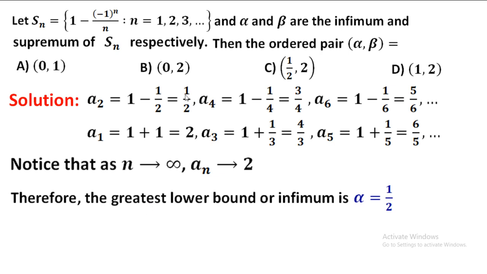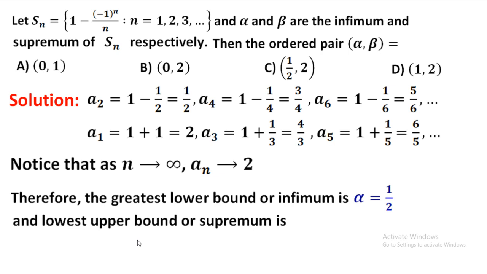You can observe, my dear viewers, that the least upper bound or supremum is beta equal to 2. Thus alpha comma beta is equal to 1 by 2 comma 2.